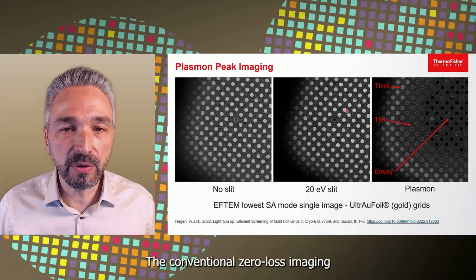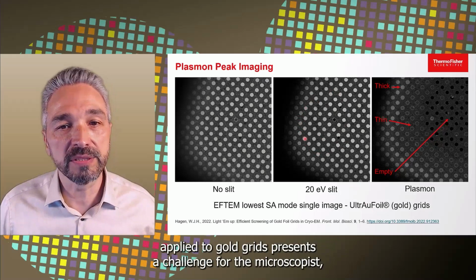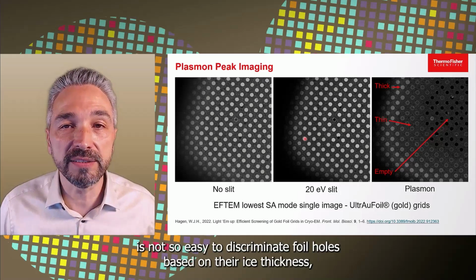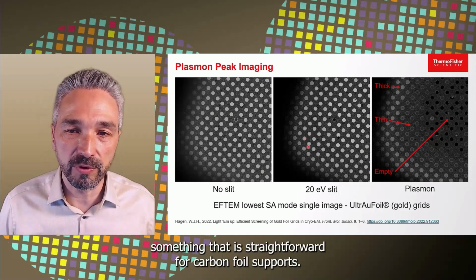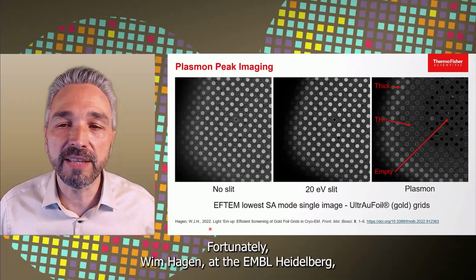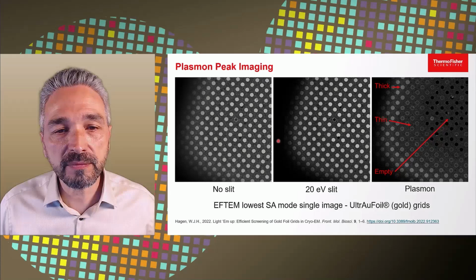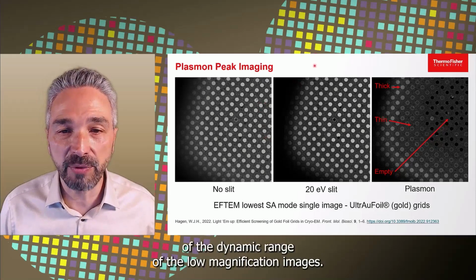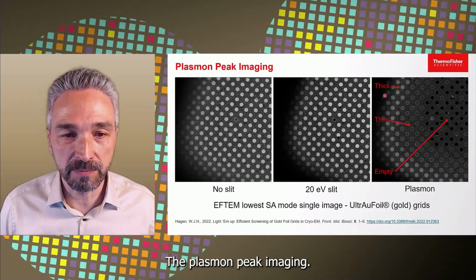The conventional zero loss imaging applied to holey grids presents a challenge for the microscopist. It's not so easy to discriminate foil holes based on their ice thickness, something that is straightforward for carbon foil supports. Fortunately, Wim Hagen, being at the EMBL in Heidelberg before joining our company, proposed a method to make better usage of the dynamic range of the low magnification images, the plasmon peak imaging.